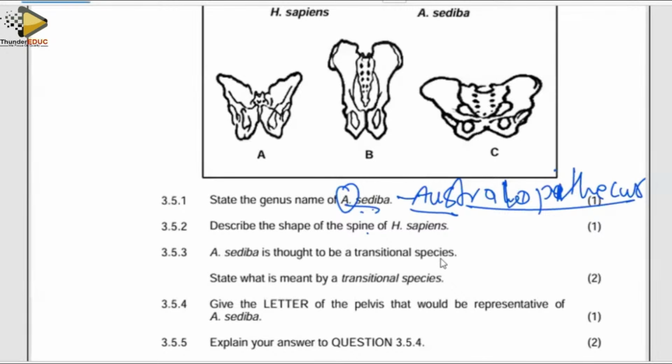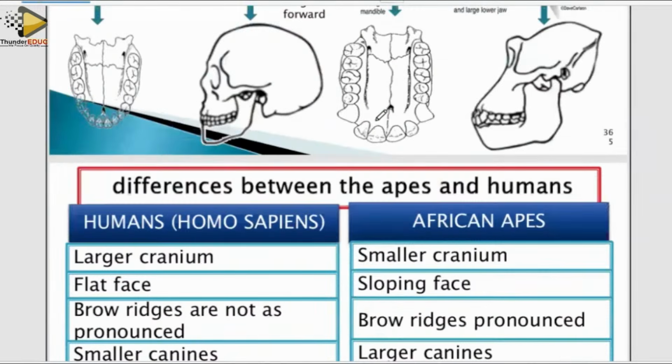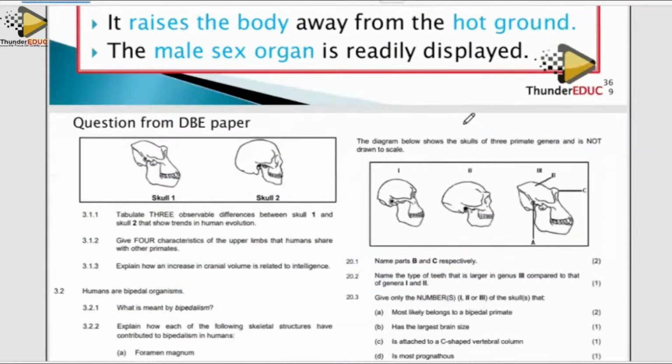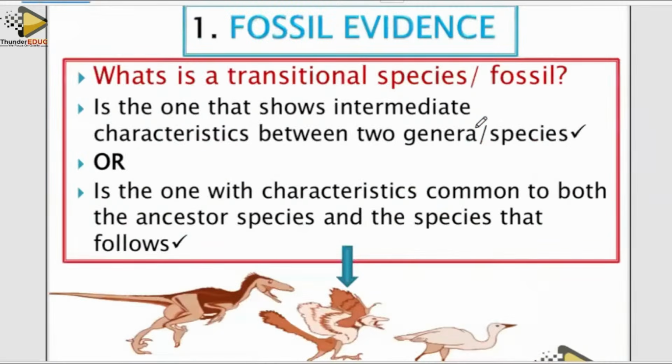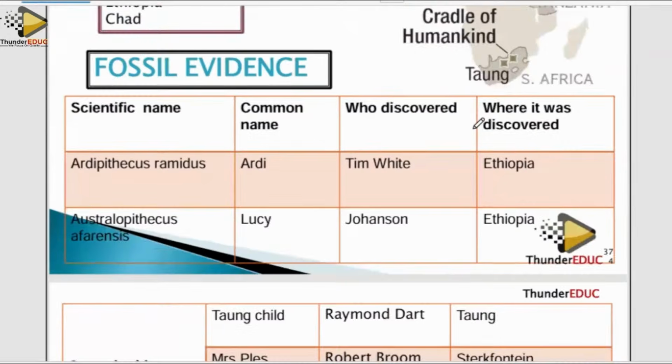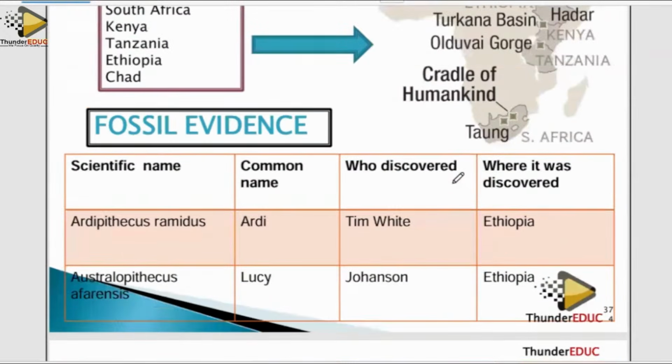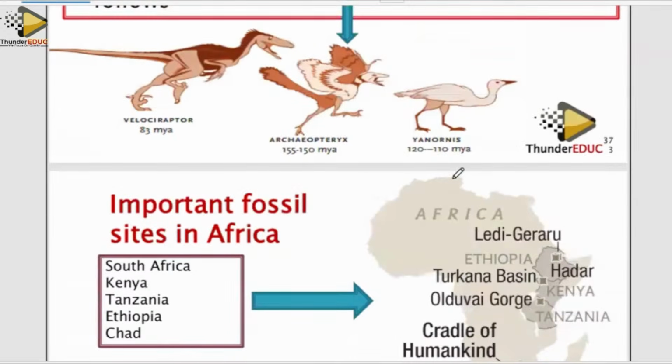Describe the shape of the spine for Homo sapiens. We say that it's an S-shaped spine. Then they're saying that Australopithecus sediba is thought to be a transitional fossil. What is a transitional fossil? Remember we said that a transitional fossil is a species which has characteristics of both the ancestor and the one which follows it.